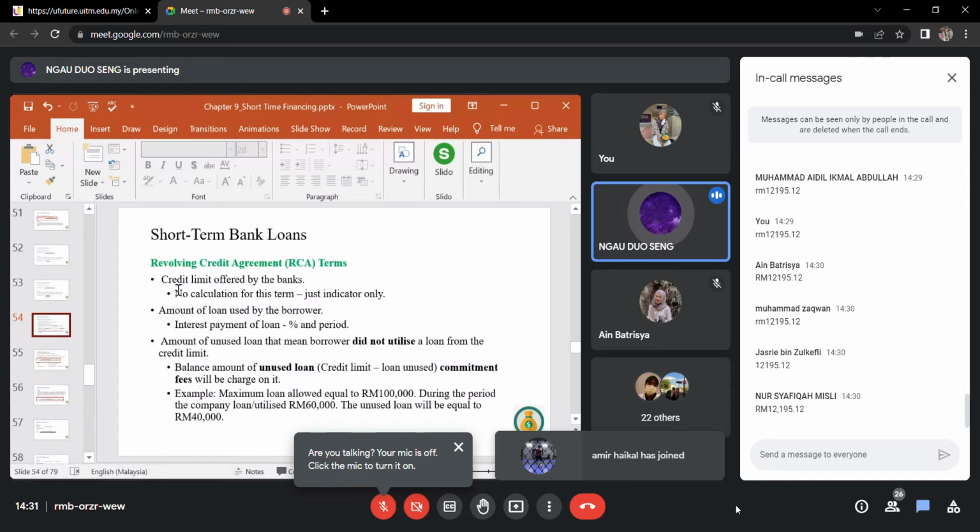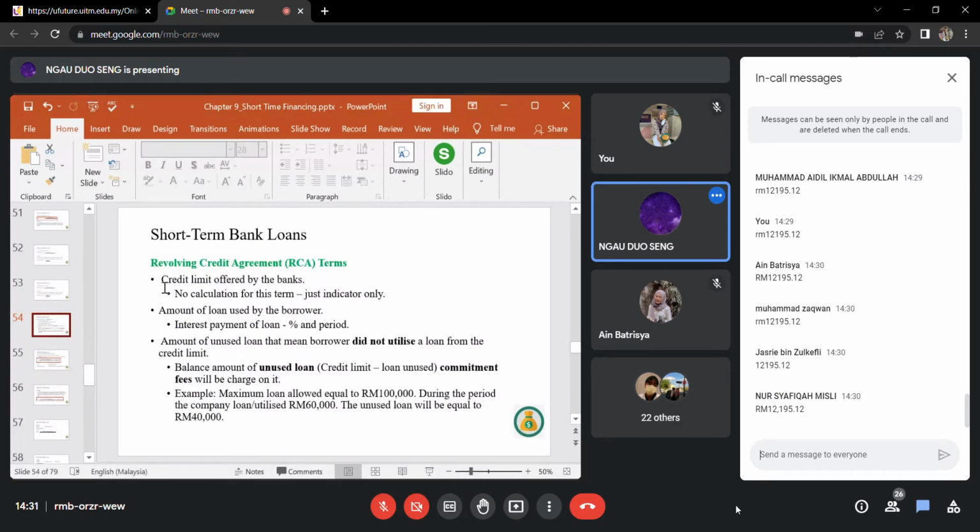So next we have the revolving credit agreement, RCA terms. So credit limits offered by the bank. No calculation for this term, just indicators only. So the amount of loan used by the borrower. The interest payment of the loan is a percentage and period. The amount of unused loan means the borrower did not utilize the loan from the credit limit.